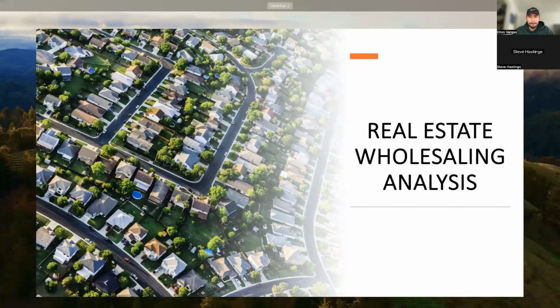Where is the? Oh, I gotta be able to see it. Oh, cool.